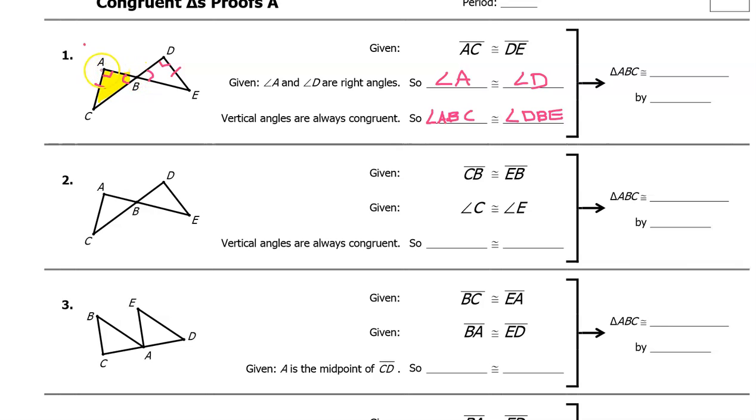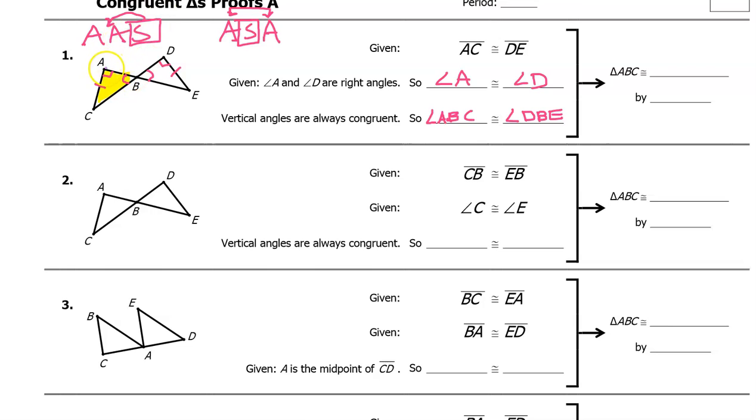I notice that we have 2 angles and a side. So that means this is either going to be angle, angle, side, or maybe it is angle, side, angle. It all depends on whether or not the side is between the 2 angles. If the side is between the 2 angles, it will be angle, side, angle. Otherwise, if the side is not between the angles, then it will be angle, angle, side.